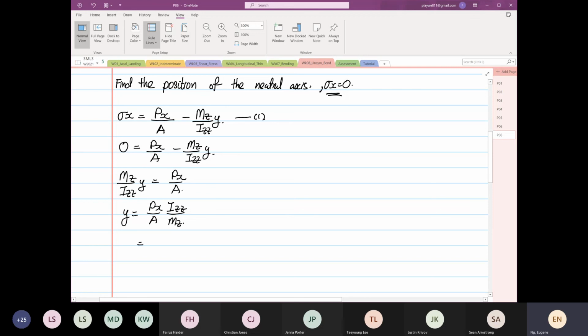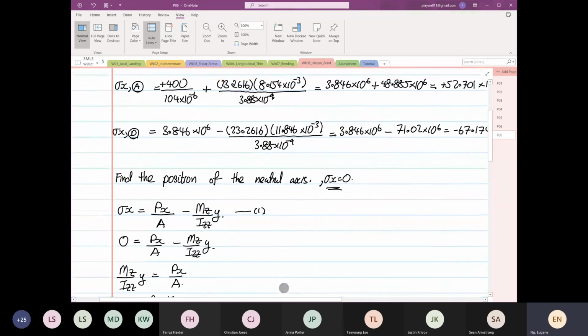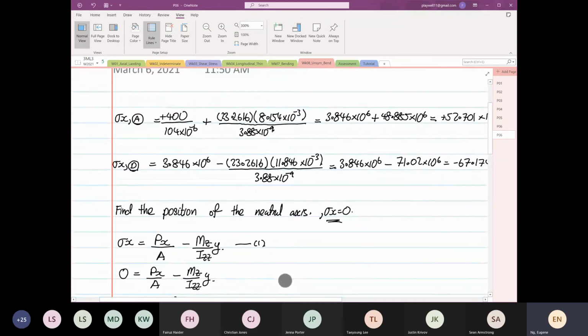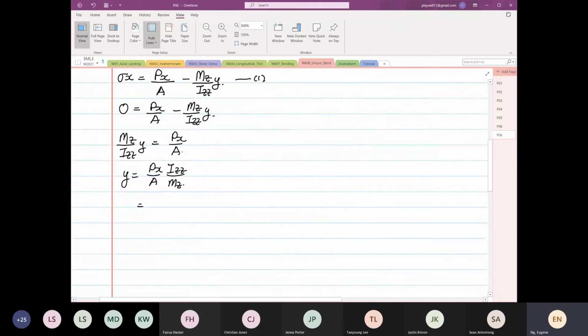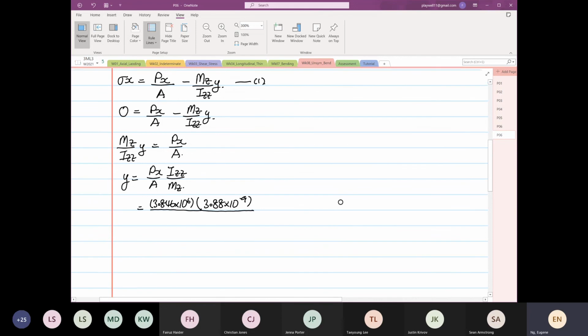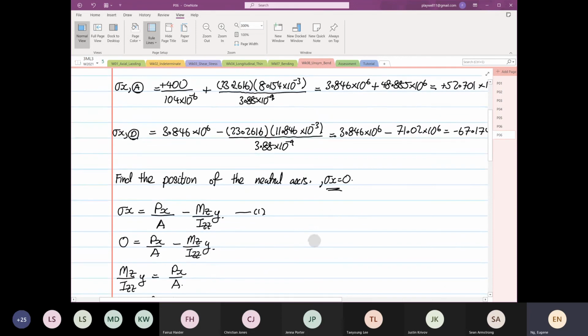So Px is equal to 400. Or Px over A, we know the value: Px over A is equal to 3.846 (times 10 to the power 6). Izz is equal to 3.88 (times 10 to the power minus 9). And Mz, I forget the number, 23.261.